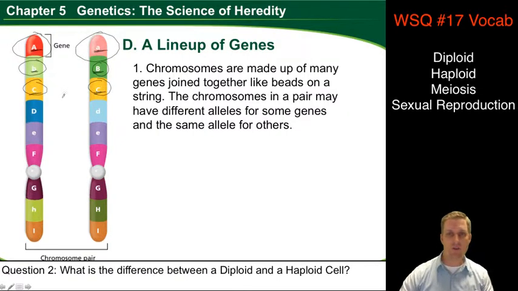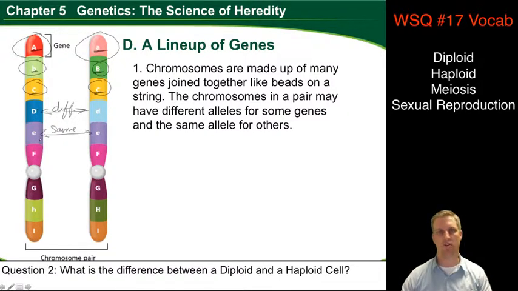Chromosomes, while they're joined together, link up together. The pairs can have either different alleles, like we see here, or the same alleles, like we see here. Either of those options can happen depending upon how the genes line up. And so just realizing that while they will code for the same phenotype, like the A's will, the B's will, the C's will, they may not code the same allele, even though they still are coding for the same thing.